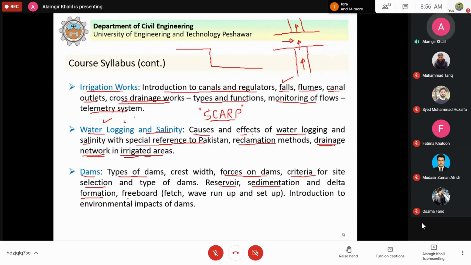These terms are related to the dams. We will study in detail, because the water which is stored behind the dam can move in the form of waves. Clear? So it can apply some load on the dam: wave run-up and set-up.